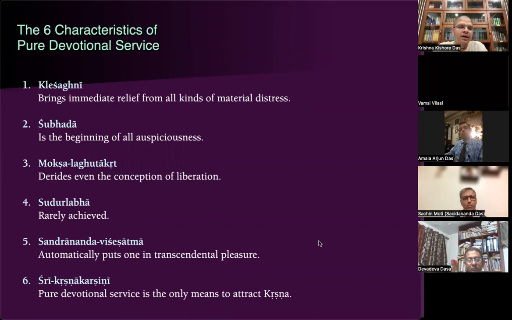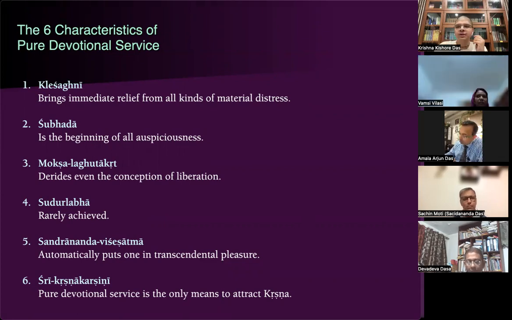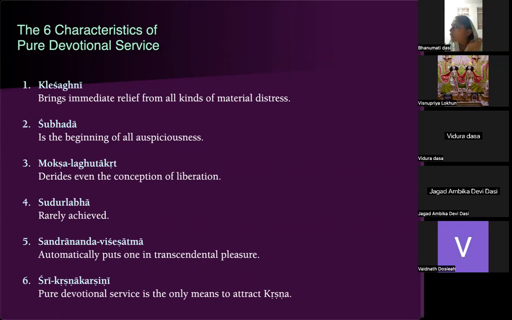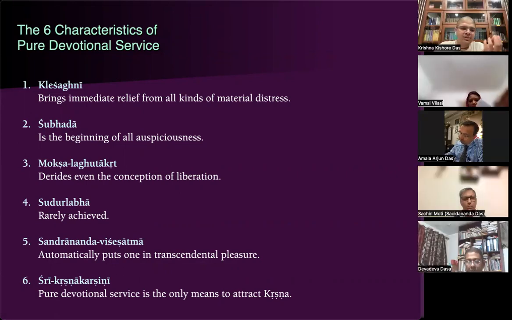Second is Shubhada. Shubha means auspiciousness, and Da means to give. So this devotion gives Shubhada, auspiciousness in life. We all want to have auspiciousness in life. We don't want any obstacles, hindrances, or miseries. We want good things happening in our life.